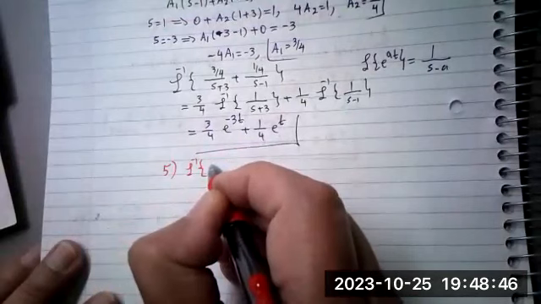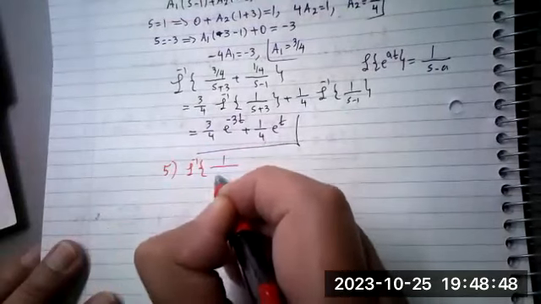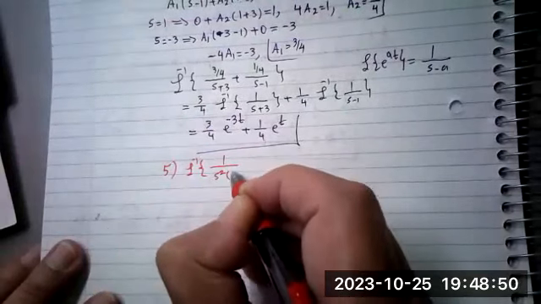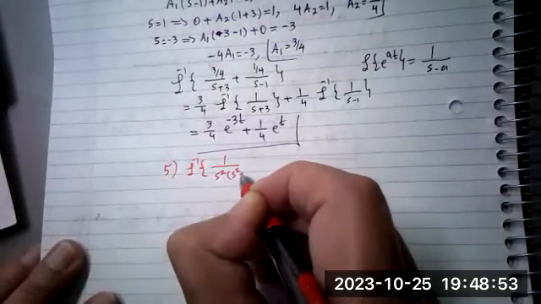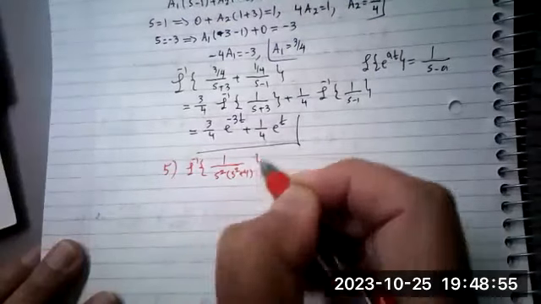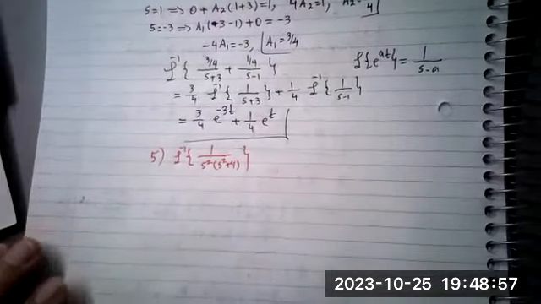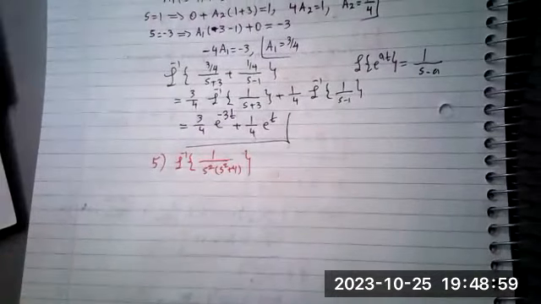So let's see. It's going to be 1 over S squared times S squared plus 4. So this one. Again, you have to use the partial fraction. But this time it's not only A1 and B1.